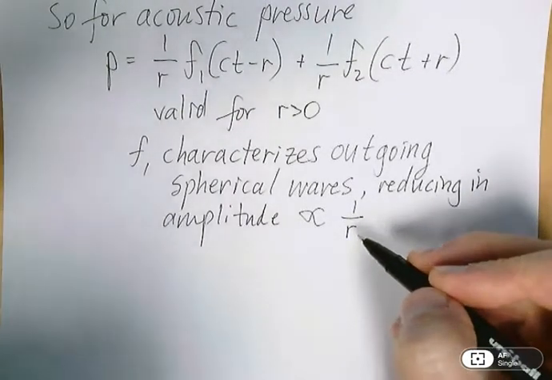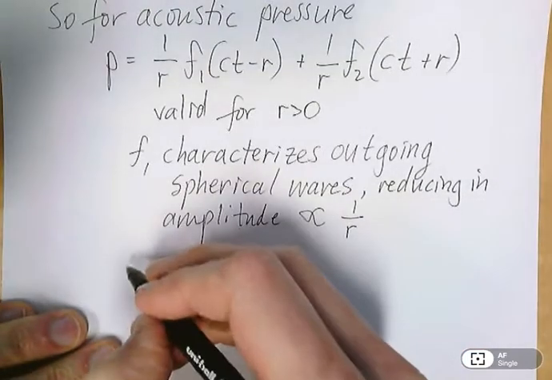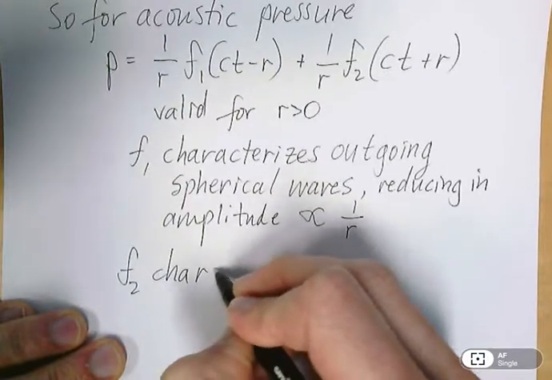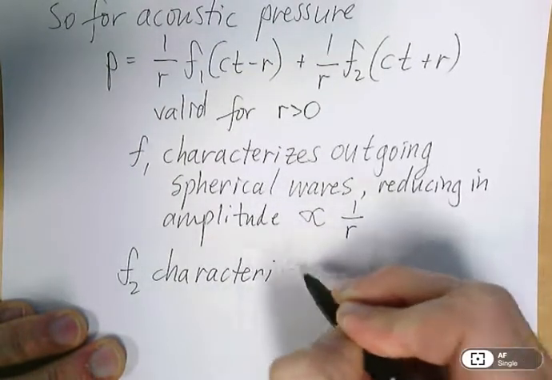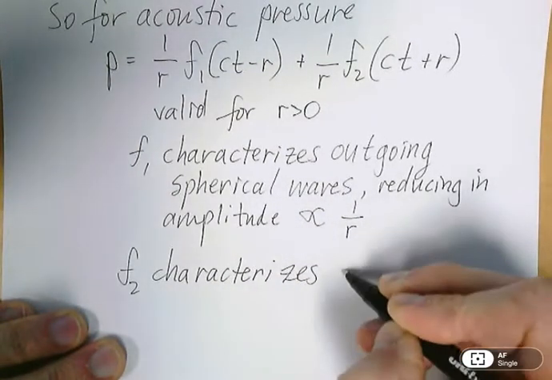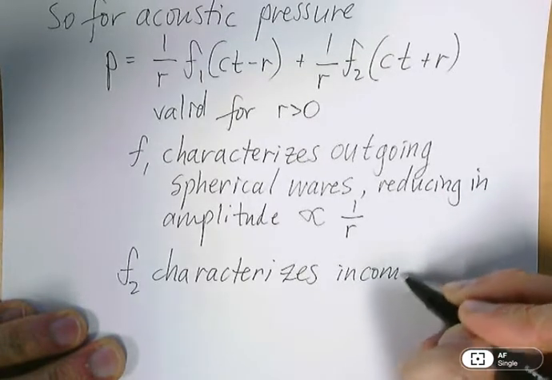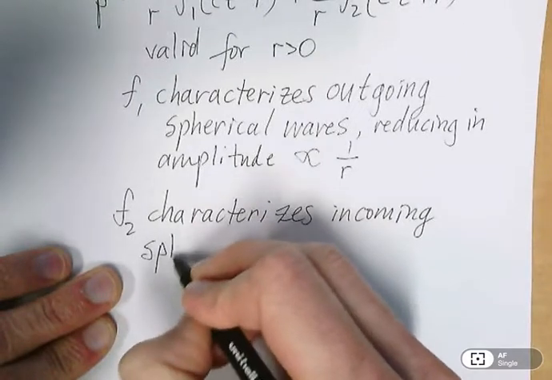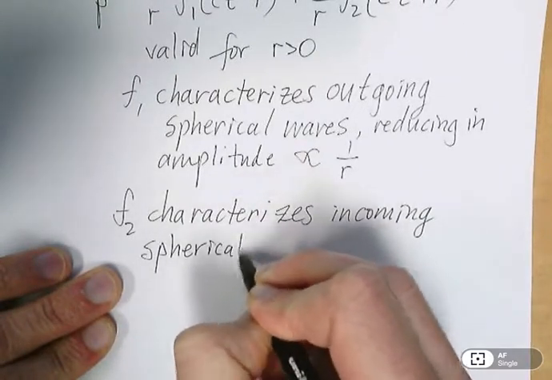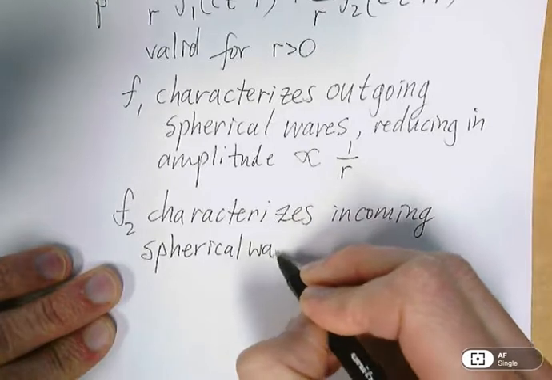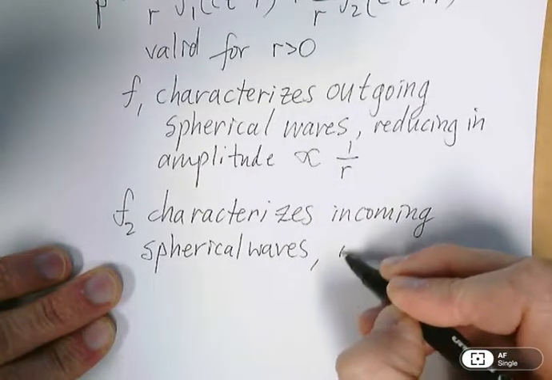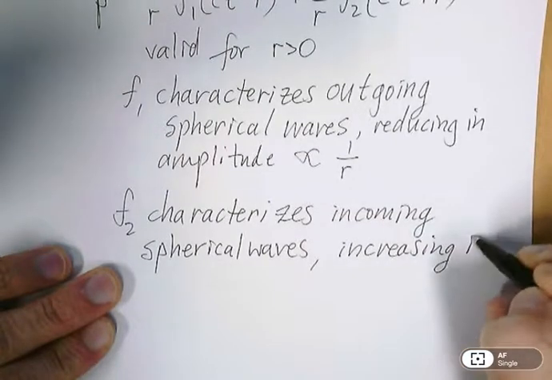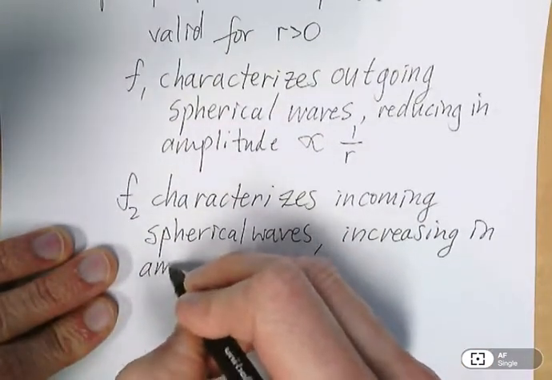Now F2 is interesting. It characterizes incoming spherical waves. We don't have many instances of this in the real world, because these increase in amplitude as they're converging to some origin.